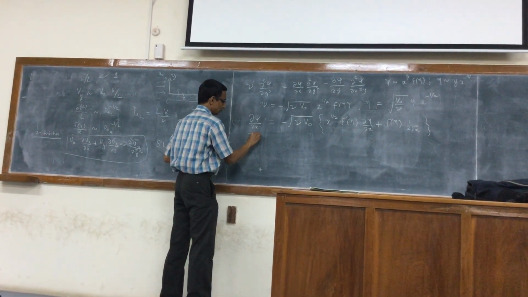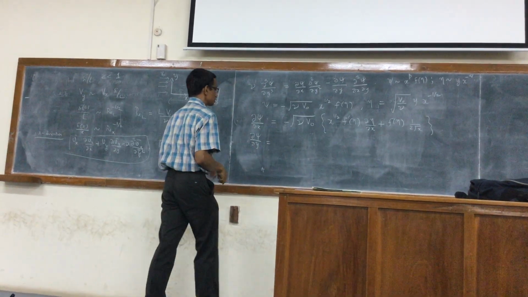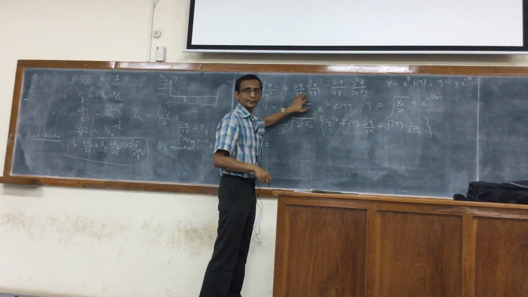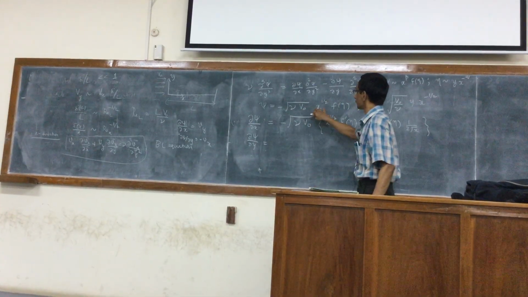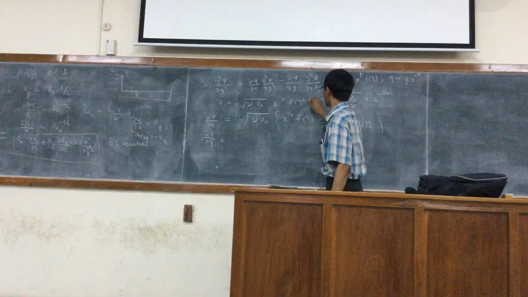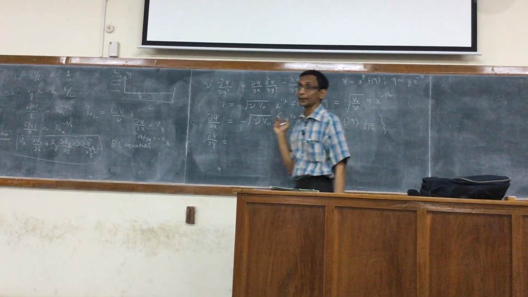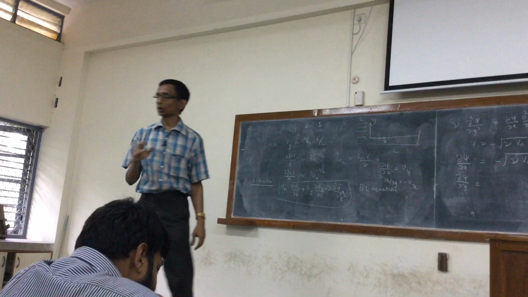Then d psi by dy is somewhat easier to differentiate because the x here doesn't have to be differentiated. So the idea here is that the dependence of x is here, and there is both the dependence of x as well as y here. That is why it's important where the chain rule would come in, right?